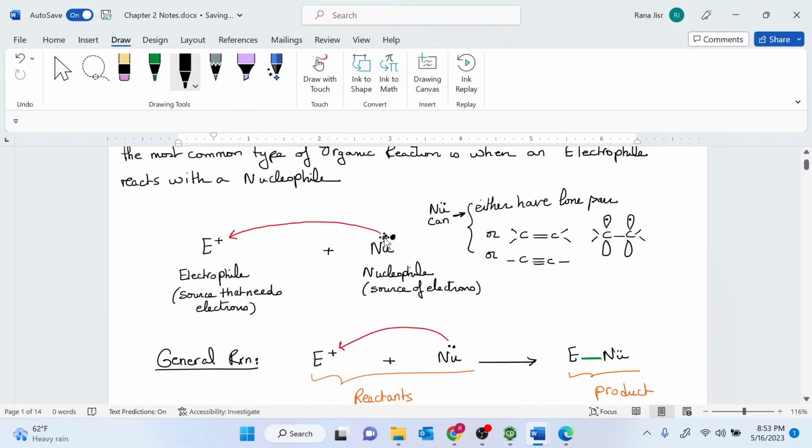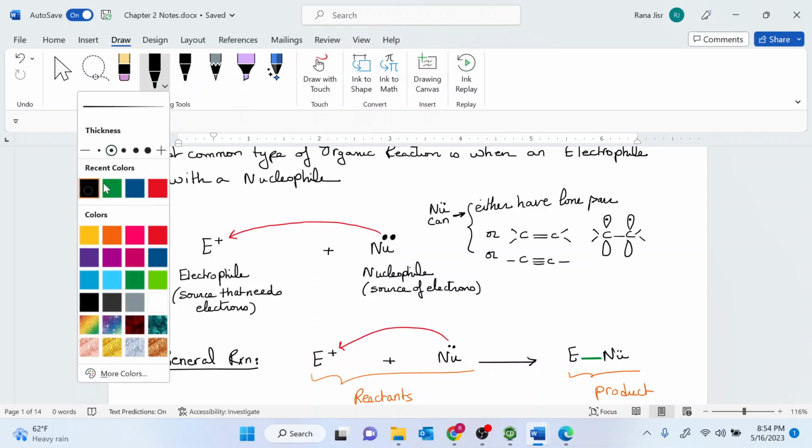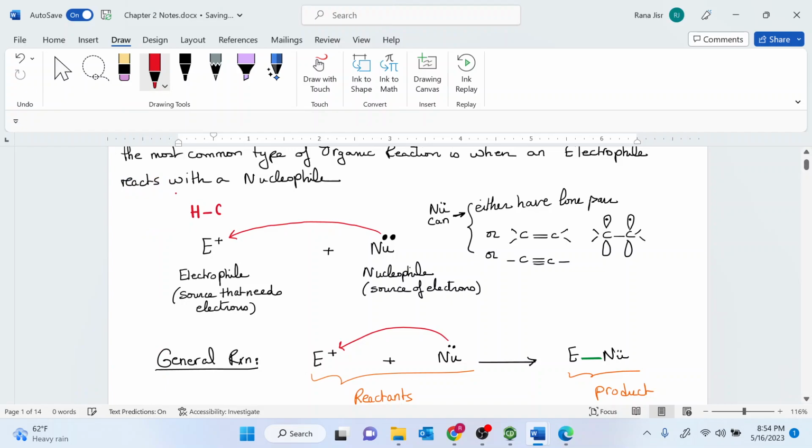And you're going to show that these lone pairs are being shared in order to make a covalent bond with an electrophile. Electrophile is a species that lacks electrons. It needs electrons. And that species normally has either a solid positive charge or a partial positive charge. Normally, a partial positive charge is formed whenever you have an electronegative element in there next to a hydrogen, for example.